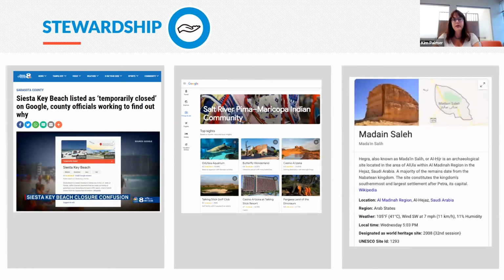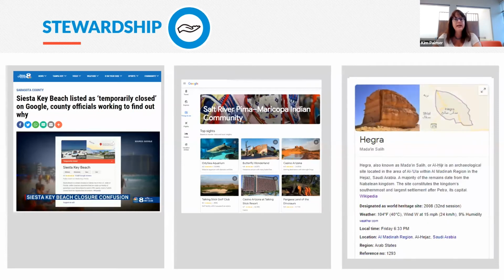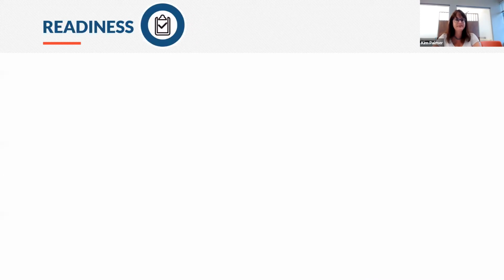Or in Saudi Arabia, one of their first UNESCO World Heritage Sites was named incorrectly on Wikipedia, which was propagating through to places like Apple and Google. And by getting that Wikipedia listing updated, we were able to start the trend of having that location referenced correctly.